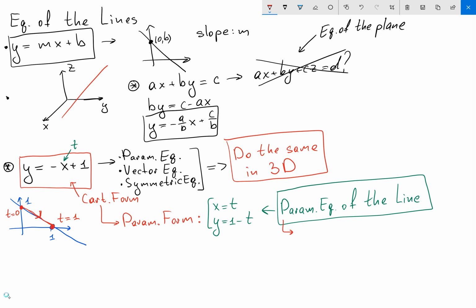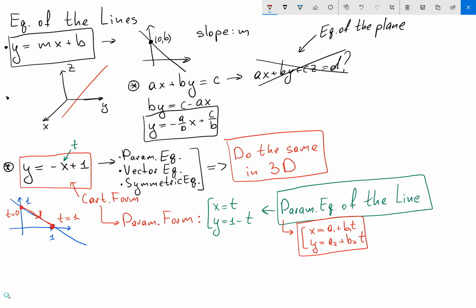And a small remark: the general form for the parametric equation of a line in 2D is the following: x equals a1 plus b1t, and y equals a2 plus b2t.